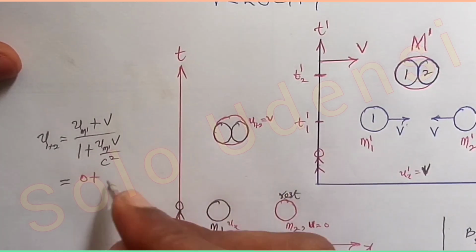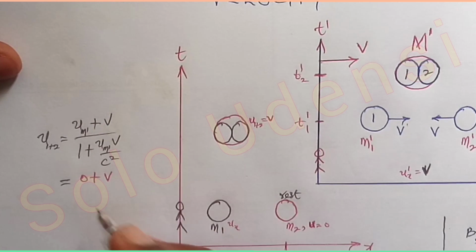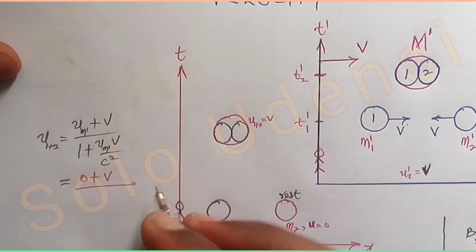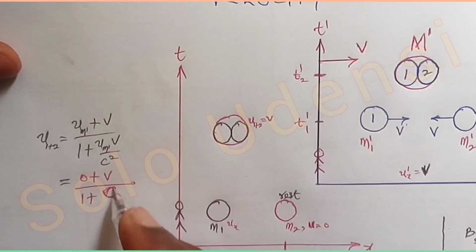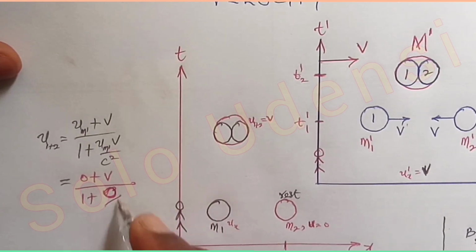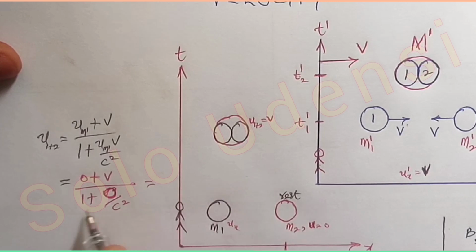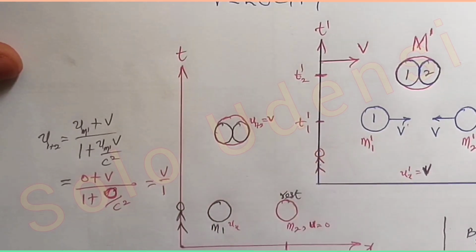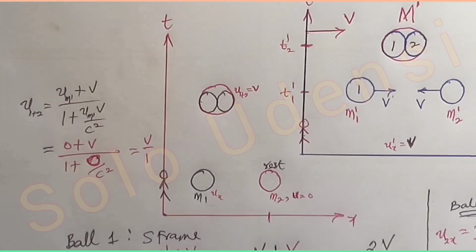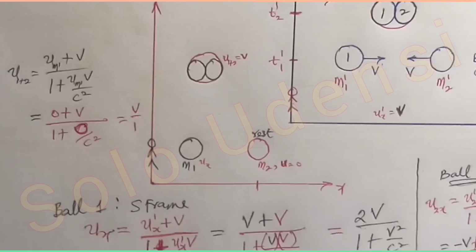So 0 plus v all over 1 plus 0 times v over c squared. So you see that it will see v over 1, which is v. So we have shown mathematically what this one will see in the various frames.